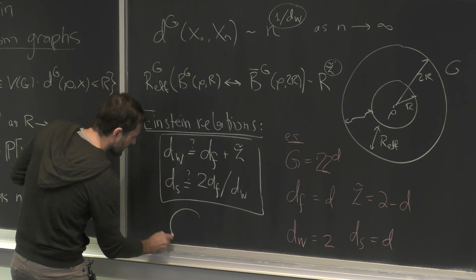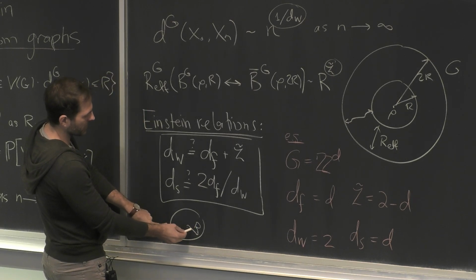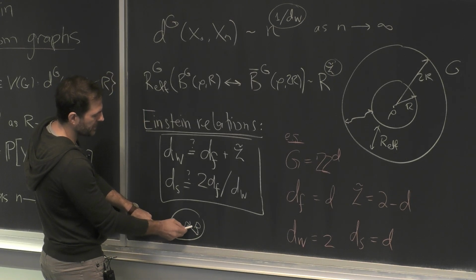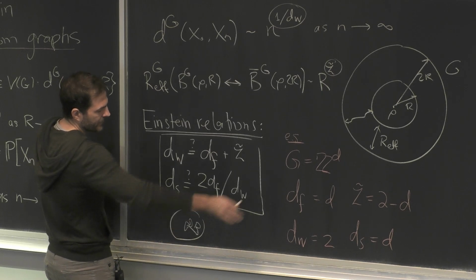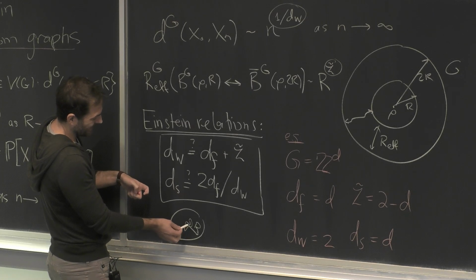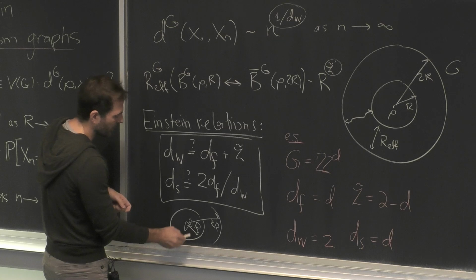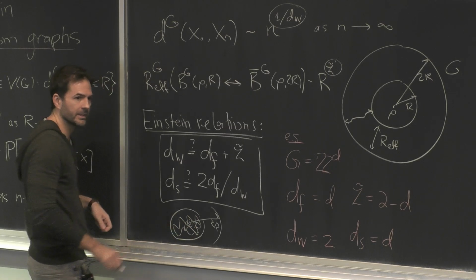In the recurrent regime, basically when you start the random walk in a ball of radius r, before it gets very far away from the r ball, you essentially expect it to fill up the entire r ball.